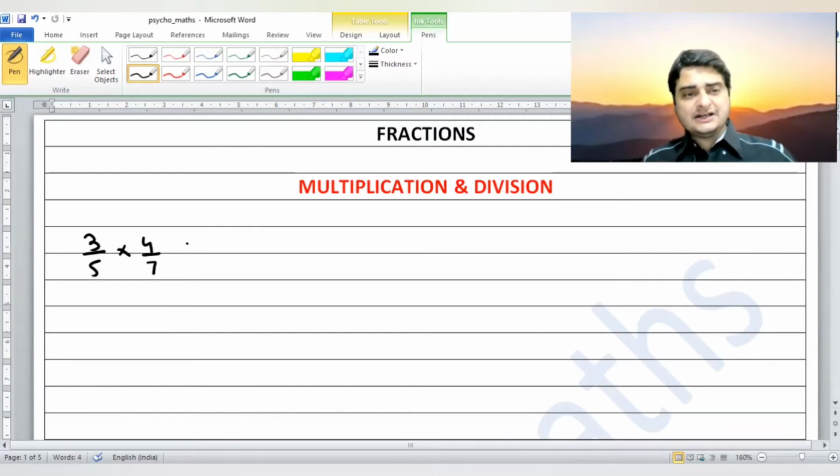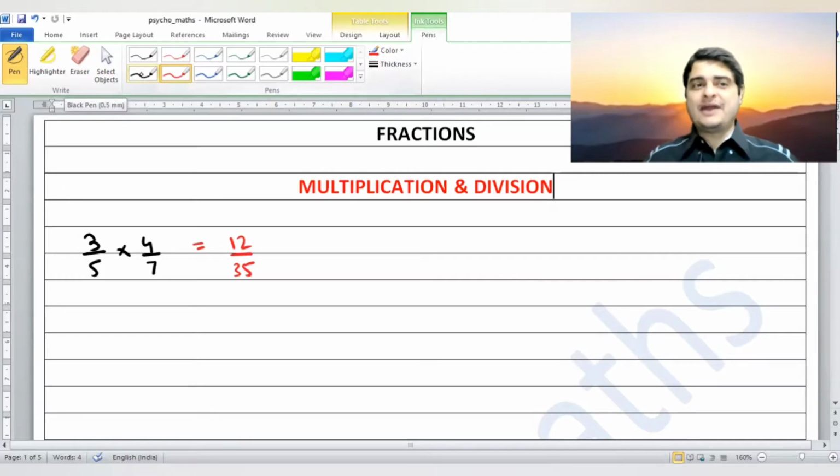So directly we multiply 3 by 4, that is 12, and 5 by 7 is 35. It is a proper fraction, so we did not convert it. It was directly a one shot, a headshot, to be rightly said in many gaming languages.